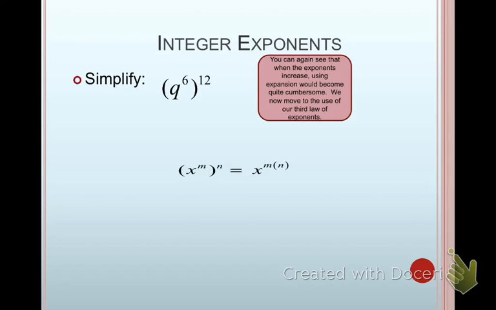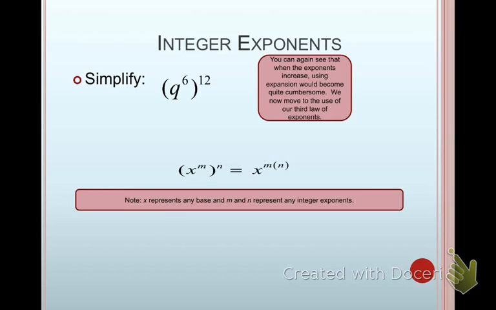X to the m to the nth power actually is x to the m times n. So you're going to multiply the two exponents. So in this case, we would do 6 times 12, which would give us q to the 72nd power.